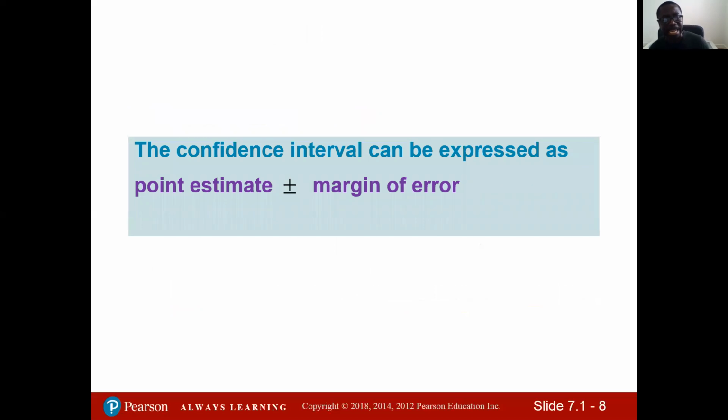Now, any confidence interval can be expressed as a point estimate and a margin of error. So when we want to find a confidence interval, when we know the estimate and the population parameter we are dealing with, we can always express it as the point estimate plus or minus the margin of error.